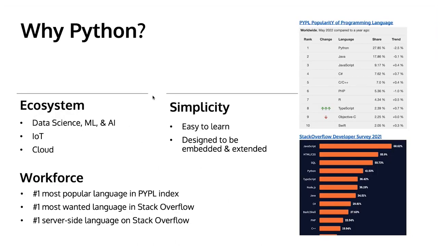So let's start off with, why are we putting so much effort into Python and making it such an important part of our technology stack with the data platform? A lot of these reasons are obvious, and some of them will be a little bit less obvious. But first of all, it's the ecosystem. It's all about the ecosystem of libraries and code and support available on the Python platform.